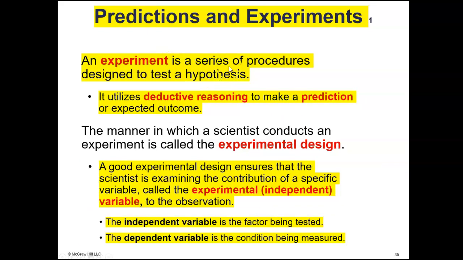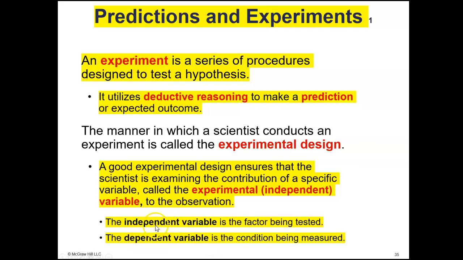An experiment is a series of procedures designed to test the hypothesis, and you use deductive reasoning to make a prediction, to predict the expected outcome of the experiment. You do need to know the difference between the independent variable in an experiment and the dependent variable.